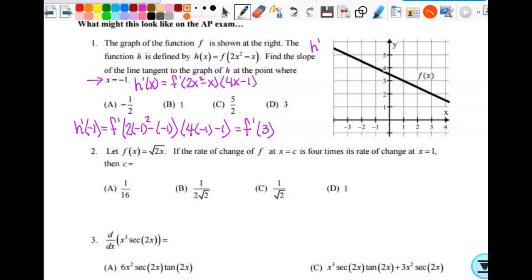So I'm going to need f prime of 3 times -5. So how do I find f prime of 3? Find the slope at that point. At 3, I can see the slope is negative, and it's negative what? -1/2. So -1/2 times -5 gives me +5/2. What questions you got?